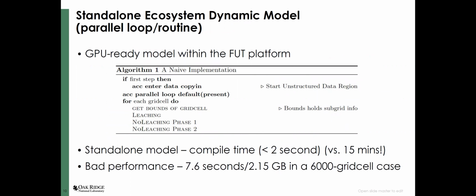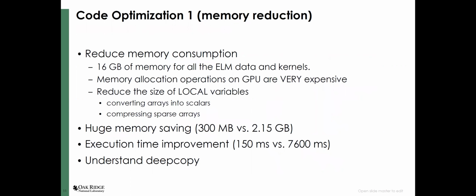And then what we did, we have basically four types of things. The first thing is to reduce the memory, because when the code was originally designed, they were using the CPU and didn't care about memory usage. But when we're talking about the GPU, we have to be very, very careful about that. We did dramatic work to reduce the memory footprint.